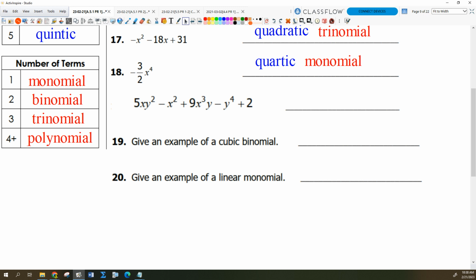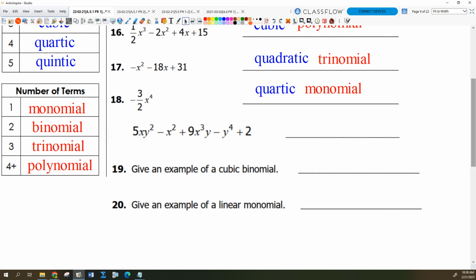Because look, this term right here, that's 3, and that's a 1, isn't it? So that's giving me 3 plus 1 is 4, and that one's a 4, right? So the degree of this thing has to be 4, because the biggest combined power of the exponents in any term is 4. That's kind of a weird one. So we know that it's quartic. How about the number of terms? Yeah, polynomial, right? There's more than 3, so it's a polynomial.